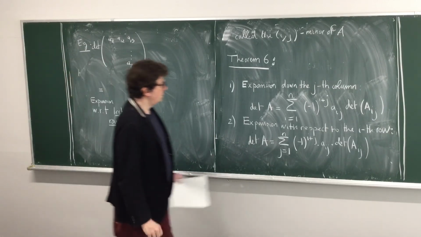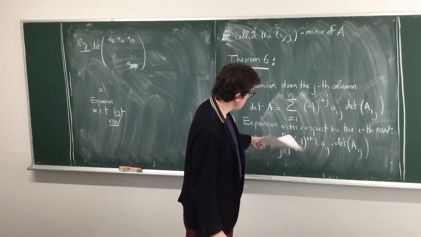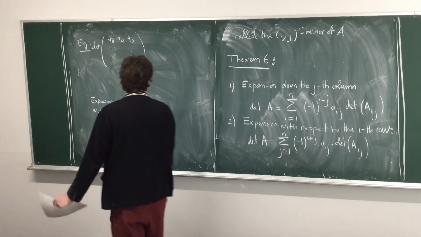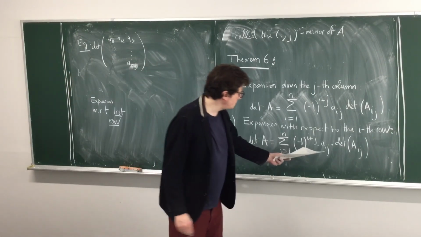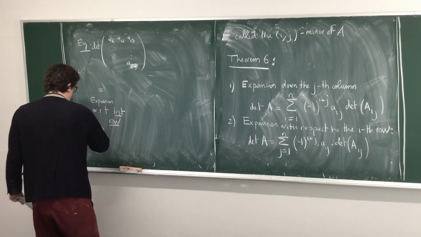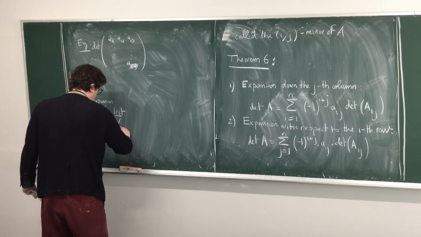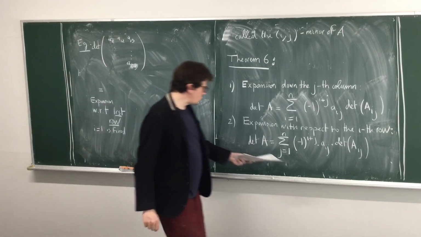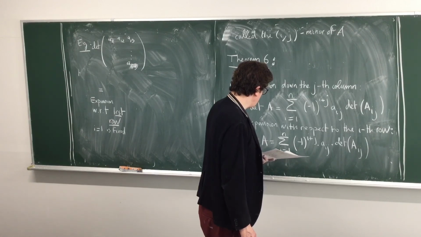First row, so I use this formula. Now j goes to 1, 2, 3, n equals 3. I is fixed, so i equal 1 is fixed, okay? Now just j will vary, and then it varies from 1 to n.